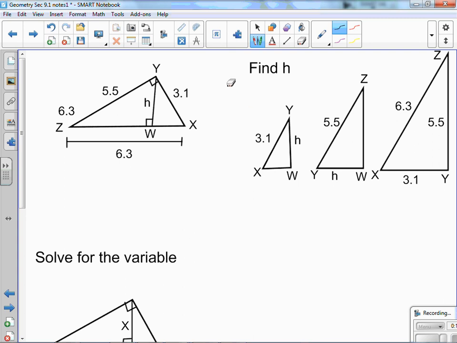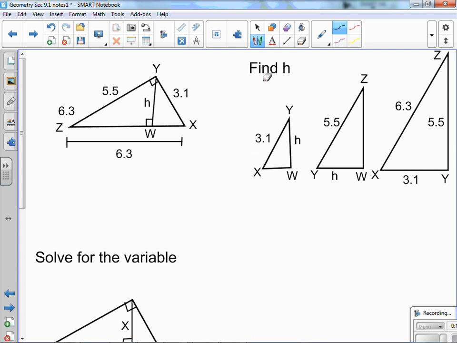All right, so once again, another example kind of like that last one. We got a right triangle with an altitude going to the hypotenuse, which is going to divide this one right triangle into two other triangles. And I've redrawn them all out here so you can see them in the same representation.